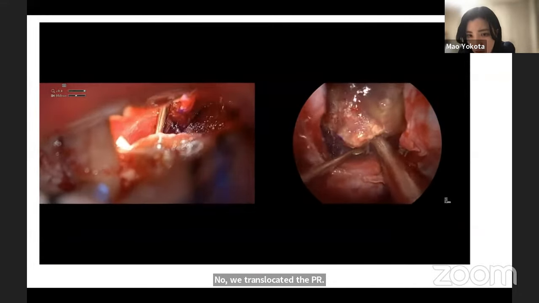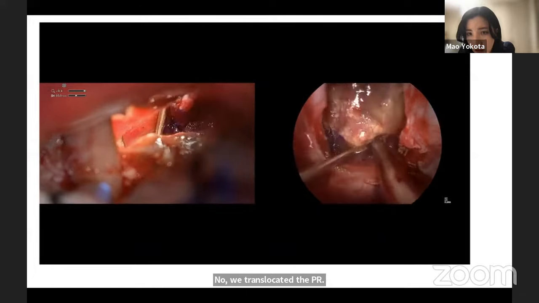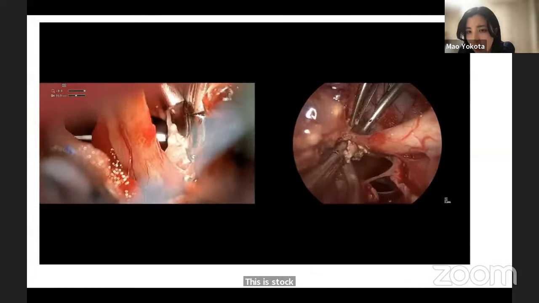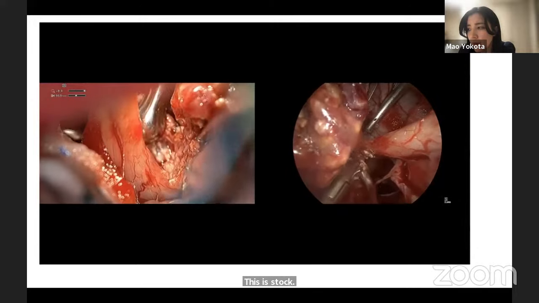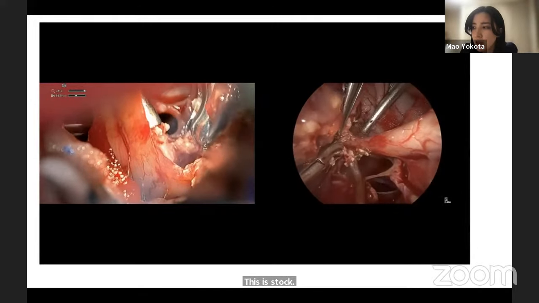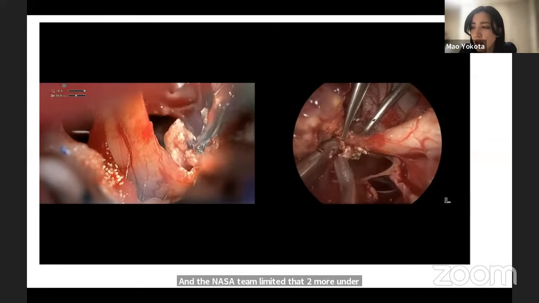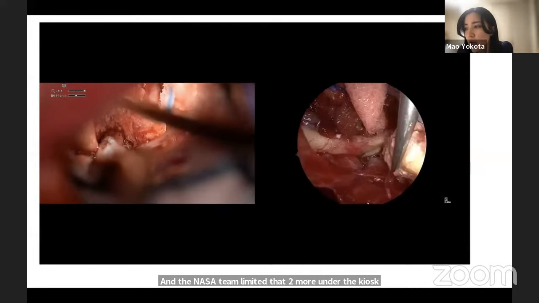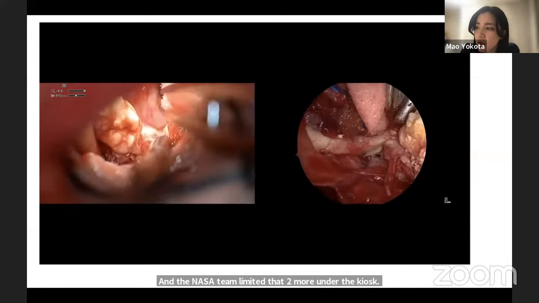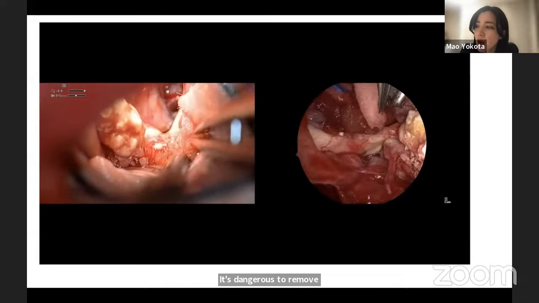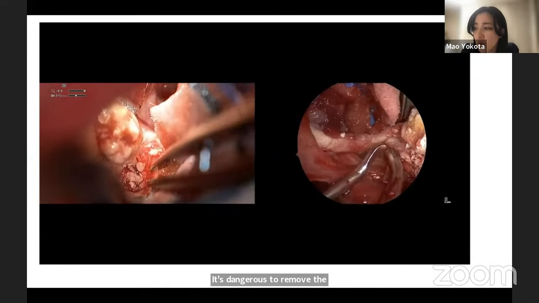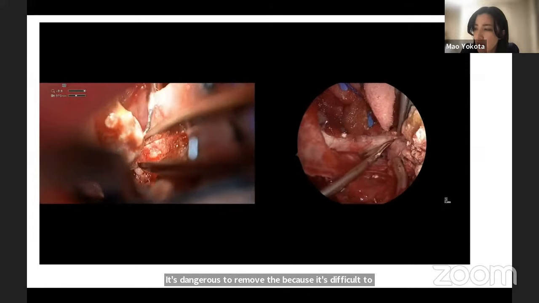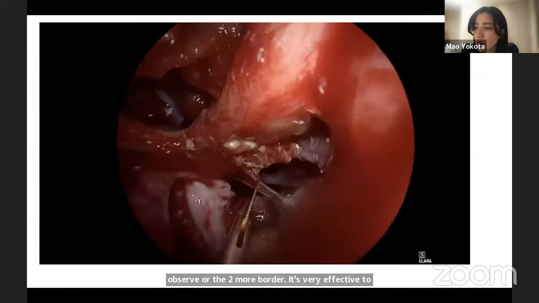This is the stalk. And the endonasal team removed the tumor under the chiasm. It's dangerous to remove the tumor by the endonasal approach alone because it's difficult to observe all the tumor border. It's very effective to use the combined approach.